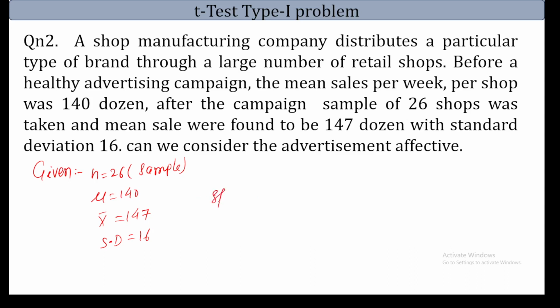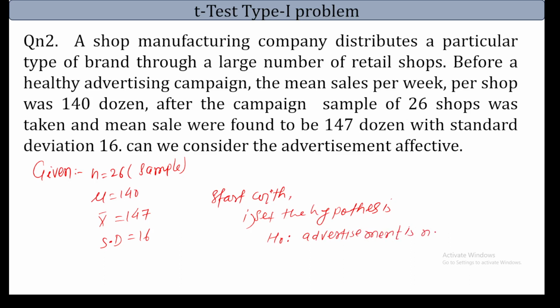So start with setting the hypothesis. What is that? We can take H naught is equal to advertisement is not effective.